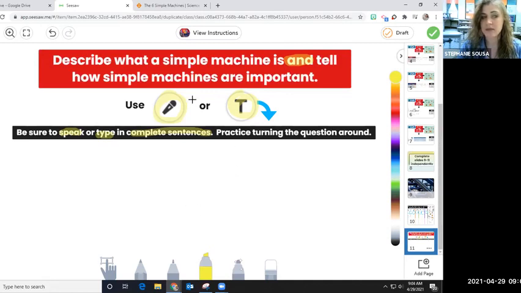This is part of your grade. You're going to get 1 point for describing what a simple machine is. You're going to get another point for telling how simple machines are important. So this is part of your grade. What questions can I answer about that?